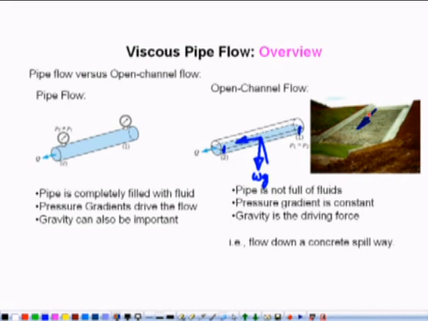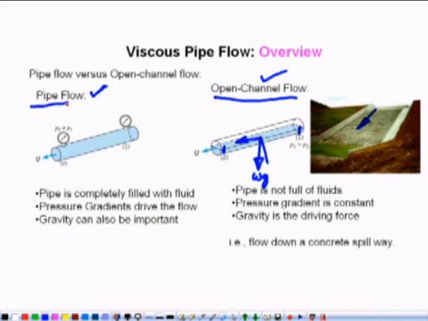Let me again emphasize the main difference between pipe flow and open channel flow. In pipe flow the pressure gradient is important. What is pressure gradient? dP over dx. In open channel flow the pressure is atmospheric everywhere, but it is the gravity force which is responsible for moving the fluid from one end to another, and it will flow only in the direction of gravity.